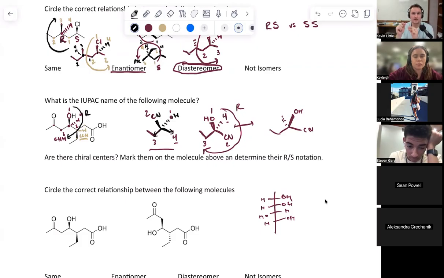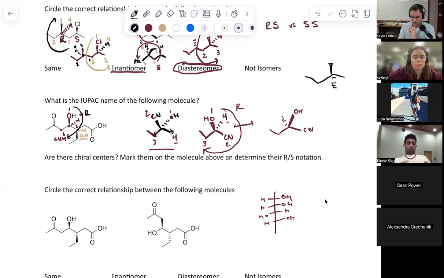You can never have a flat between the wedge and dash. So that's one thing that will keep you from drawing something wrong. Like you can't draw this. That will never exist. Okay, that's what I was confused on.